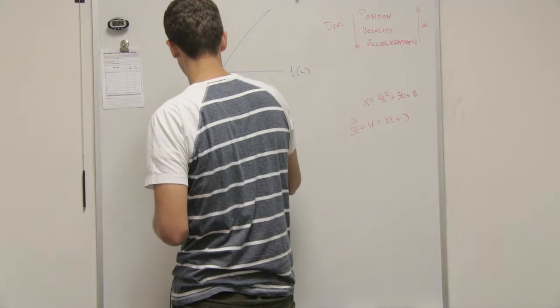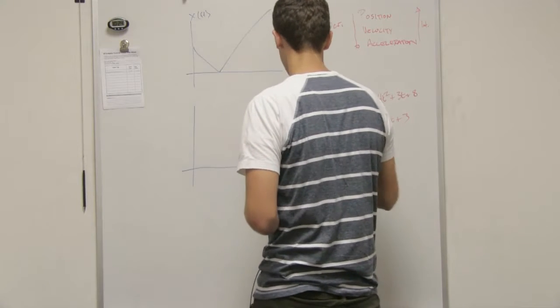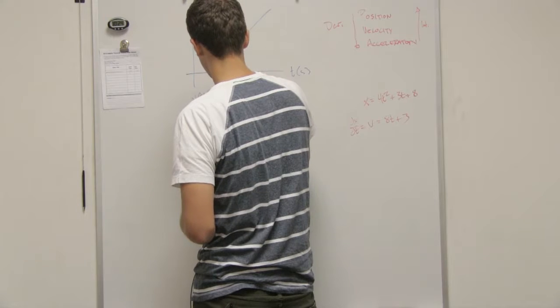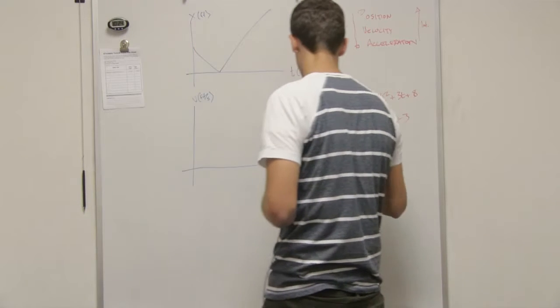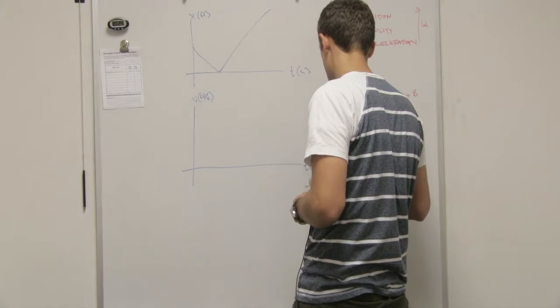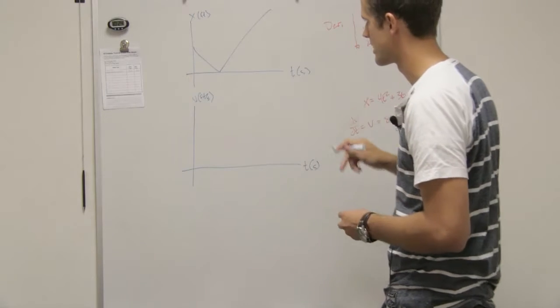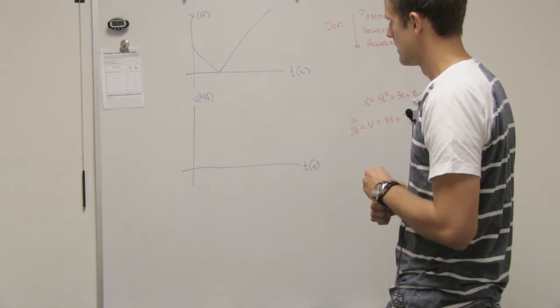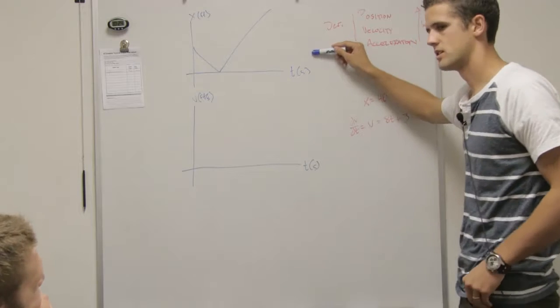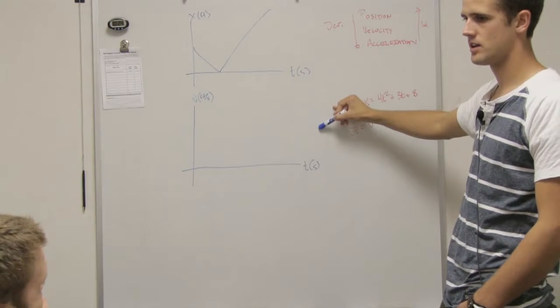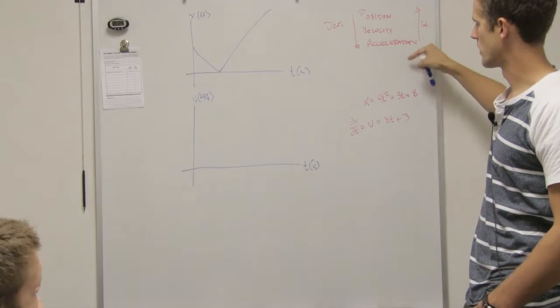And then you want to draw a velocity versus time graph. So you're starting with position, and you want to find velocity. According to this, what do we want to do?